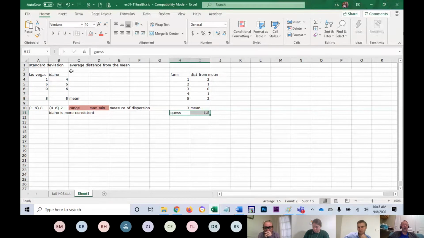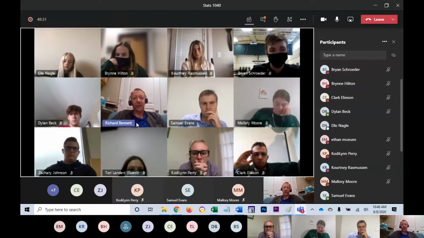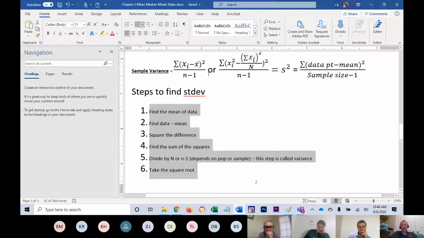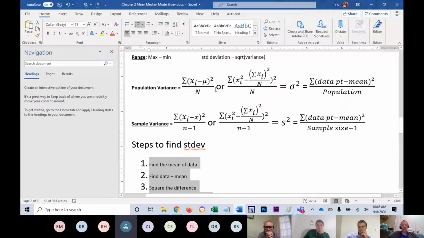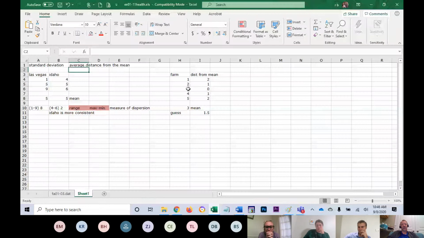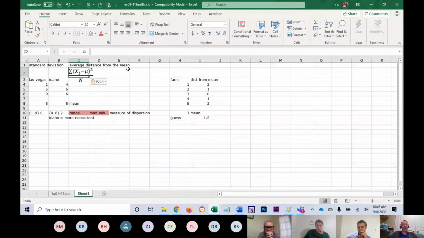Basically when we think of standard deviation, we're thinking of the average distance from the mean. If we look at these, we could guess about 1.5, because it's in between those 2 numbers. That's what I want to explain about what the standard deviation is. Now, as I said earlier, we're not going to do anything that easy. We've got to make it hard because it's a college class.